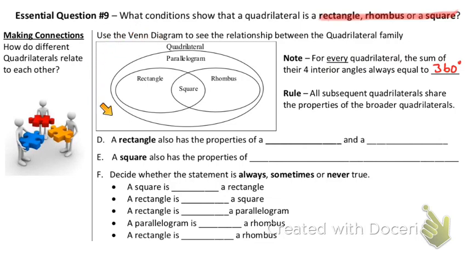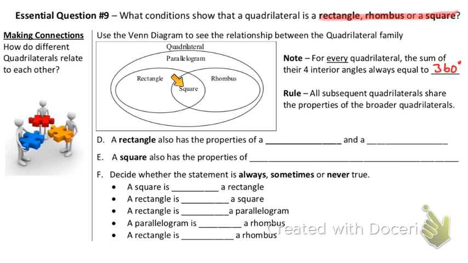So now let's take a look at this Venn diagram that we have here. If you're not familiar with the Venn diagram, this is what one looks like as it pertains to quadrilaterals. And the rule is pretty simple. If one type of quadrilateral, let's take a rhombus for example, is inside the circle of the parallelogram in this diagram, then all the properties of a parallelogram will be the properties of a rhombus, okay?